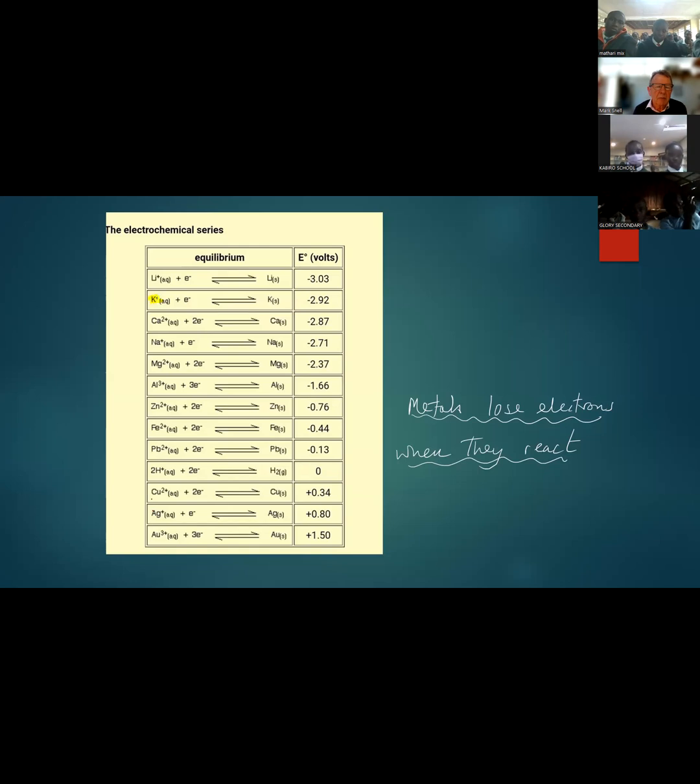Here's potassium. Potassium does not want to pick up electrons and turn into potassium. Potassium ions do not want to do that. They really want to go the opposite direction. K wants to lose electrons. So K would turn into K+. So if it's written as K+ plus an electron, that is not popular. It feels negative about this. Down at the bottom, Cu2+, not a reactive metal, picks up electrons quite easily.